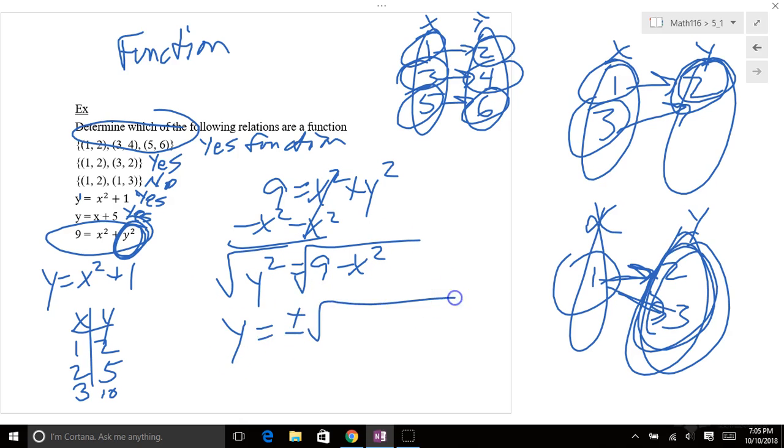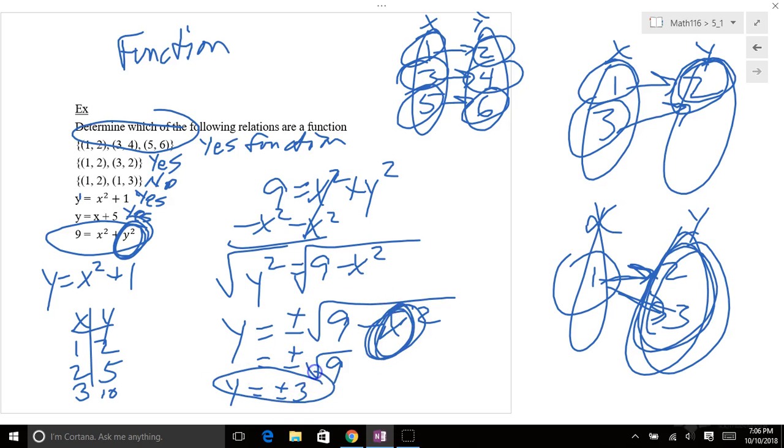When you put something in for x, like 0, 9 minus 0 squared is 9, and the square root of 9 is 3. What happens is when we plug 0 in for x, we get two different y values. So this is a no.